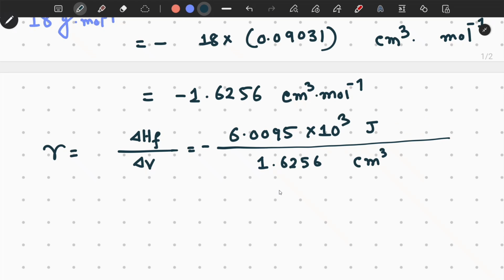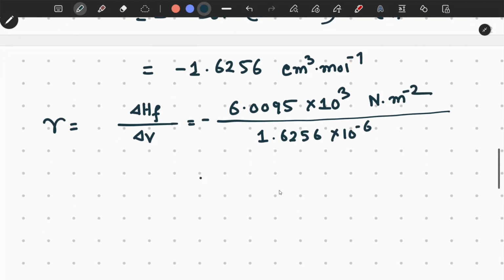Okay, so this is the total unit, and joule is Newton meter. So we just have to convert the centimeter cube to meter cube, that is 10 to the power minus 6 meter cube. So do it.